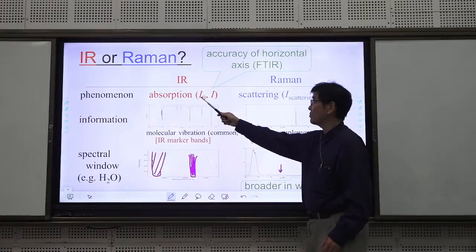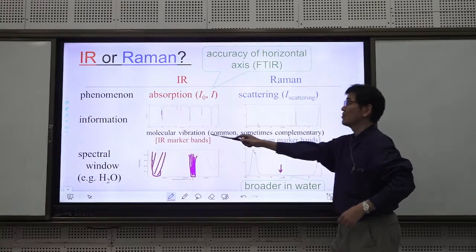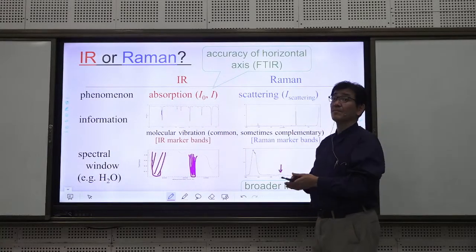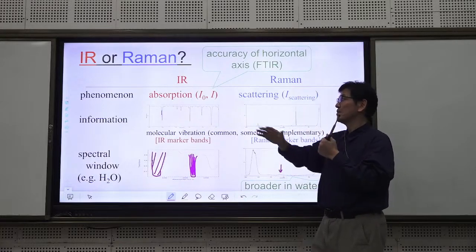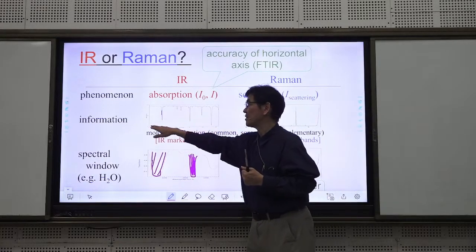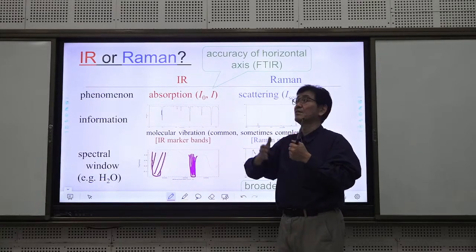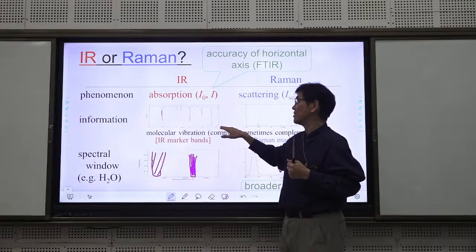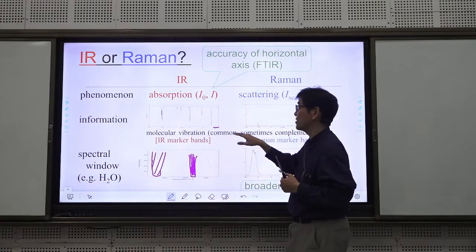But the advantage of the FT-IR is that the horizontal axis, or wave number, is very accurate, because this is measured by the interference of the helium neon laser. So there is a method to determine the frequency very accurately.